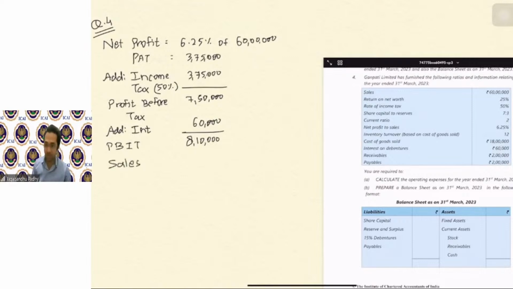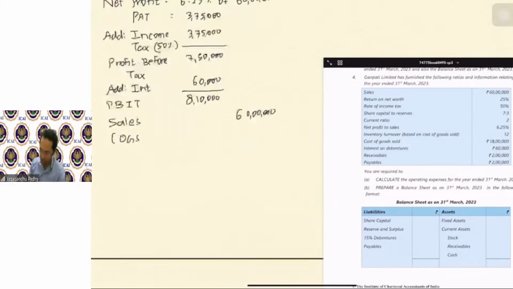We have the sales figure. Sales is given as 60 lakhs, right? And COGS is also given. So let me take sales of 60 lakh. We'll consider COGS, the cost of goods sold, is 18 lakhs.